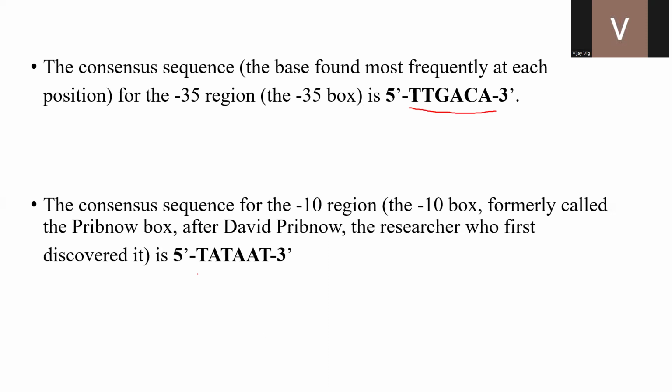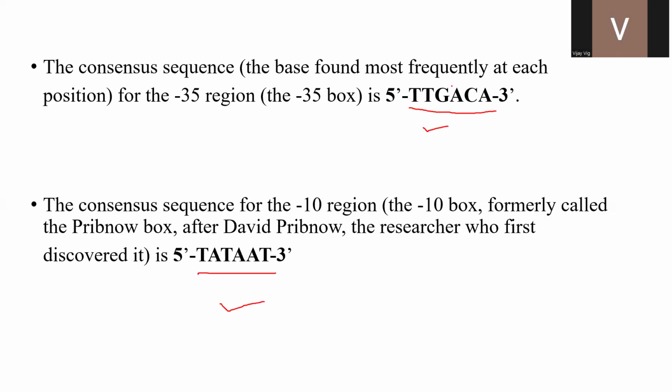It's also called 5' to 3' TATAAT. So when we say that these two sequences are critical for specifying the initiation of transcription, they are found in the promoter sequence.